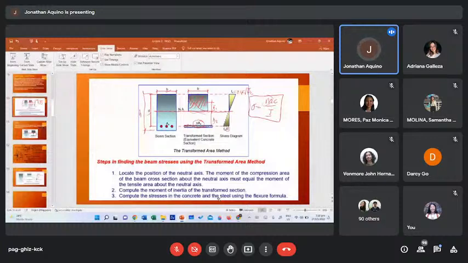Okay, so in the transform area method, the first step is to locate the neutral axis. We already found it. The neutral axis is x. Okay. Let's draw it to make it clearer. So this is the neutral axis, and this is our beam section.